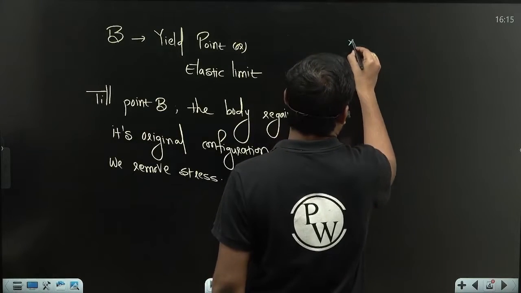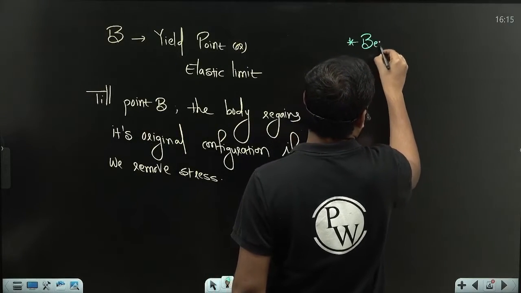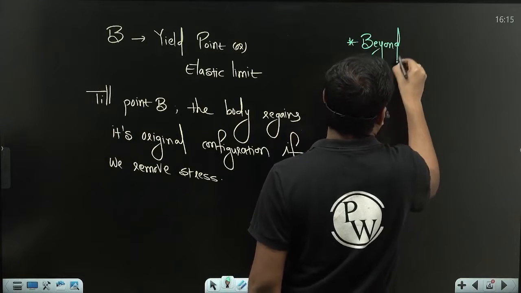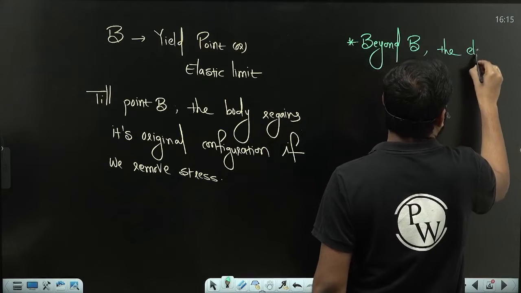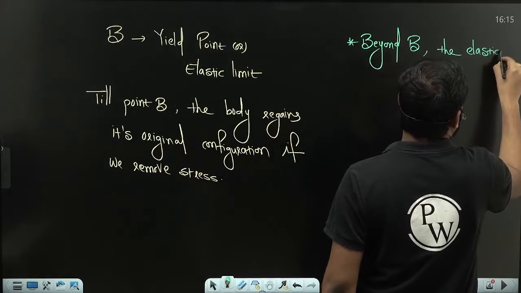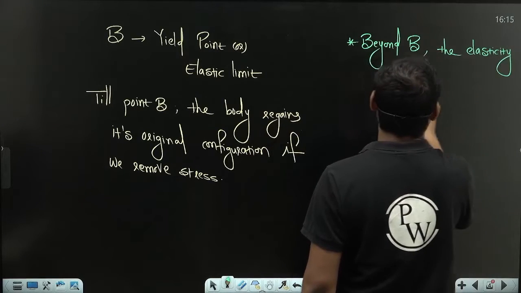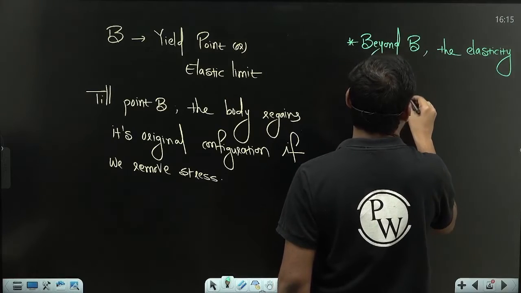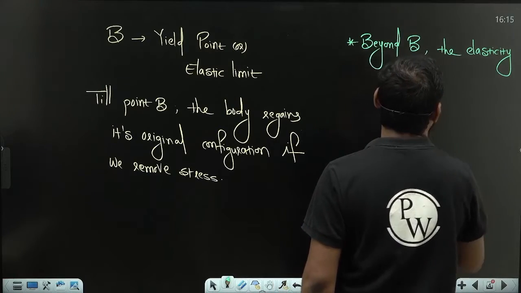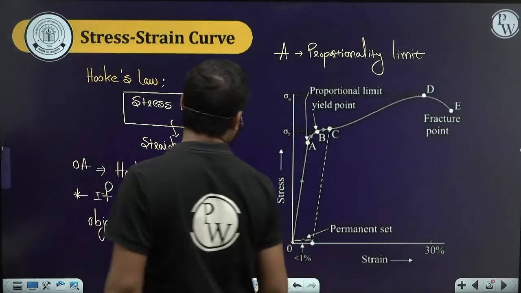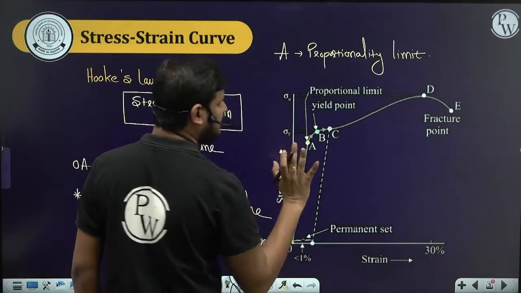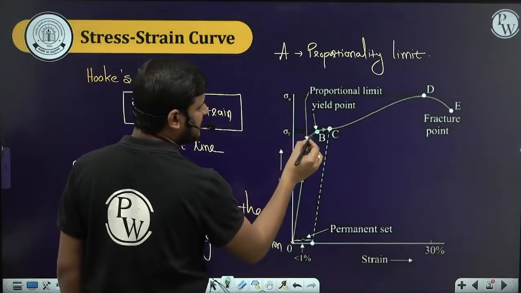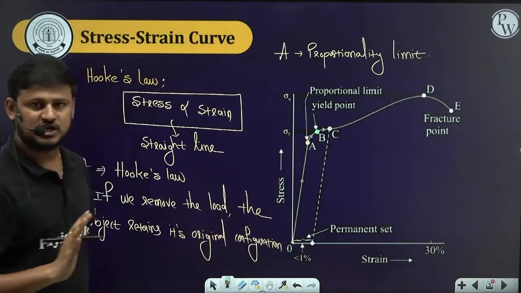Beyond B, the elasticity reduces. Clear? Till point B, the elastic limit, the body will retain its original position.